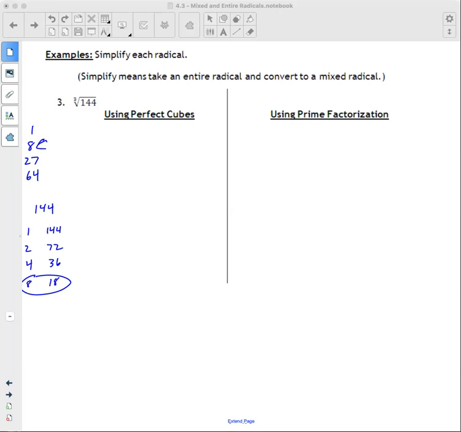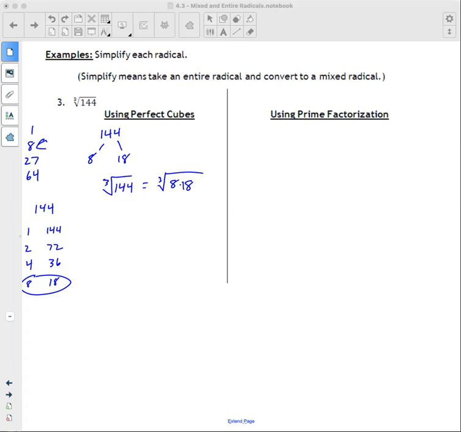Okay, so we can write 144 as a factor of 8 and 18. So the cube root of 144 is equal to the cube root of 8 times 18. And because the cube root of 8 is 2, I'm going to pull that 8 outside of the radical.